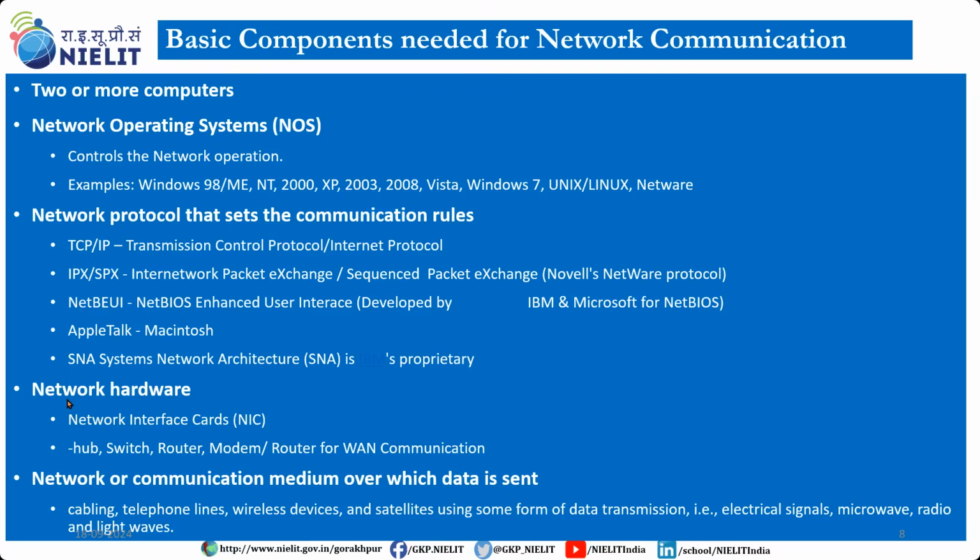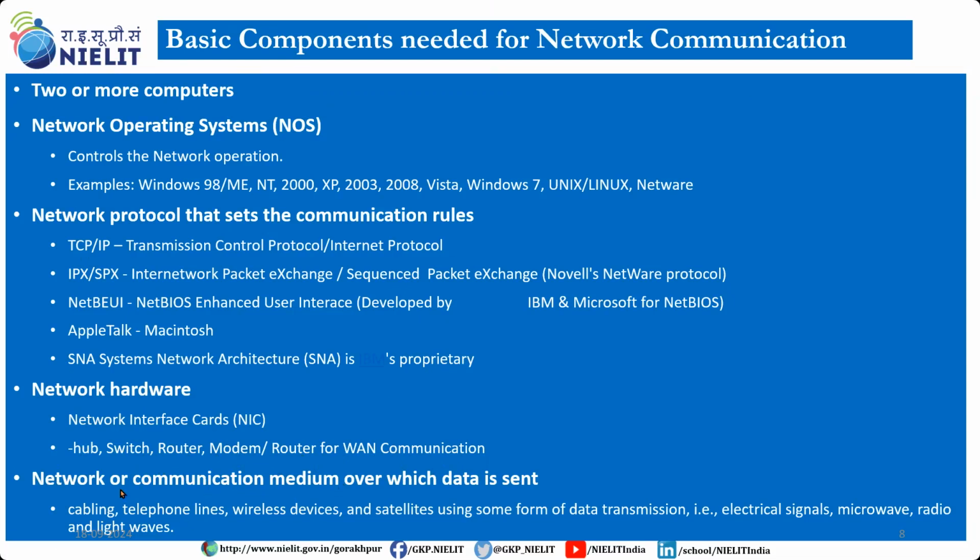Some network hardware might also be required, depending on which topology and which network scenario you are creating. At least a NIC card must be present on each node. This NIC card can be wireless, wired, Bluetooth, or optical fiber based. A networking device like a hub, switch, router, or modem for WAN communication can also be required in some cases.